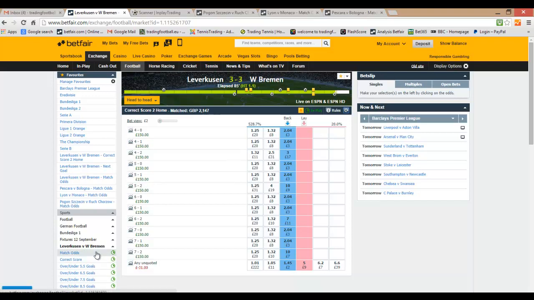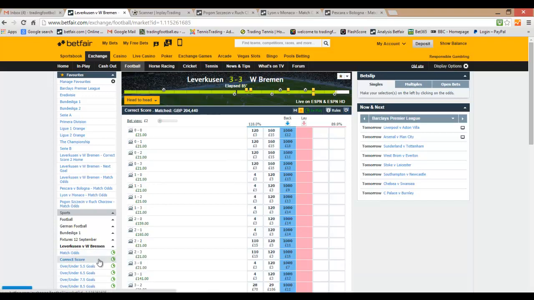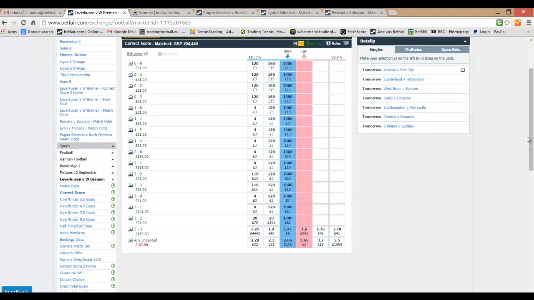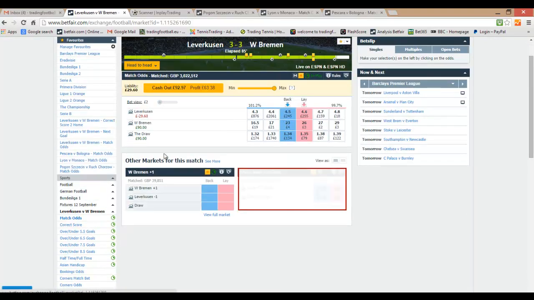Now, of course, at this point, you're thinking, oh God, I had that £405 green at the beginning of the match. If only I'd left it. Well, we're trading, so we can't do that. But what you can do is use that money as leverage to cover yourself.